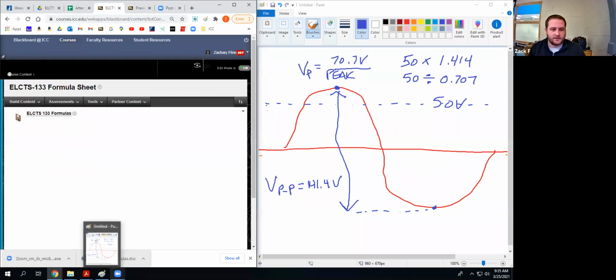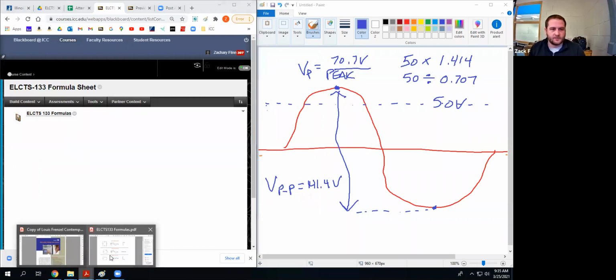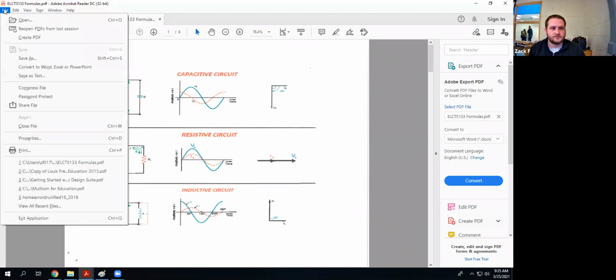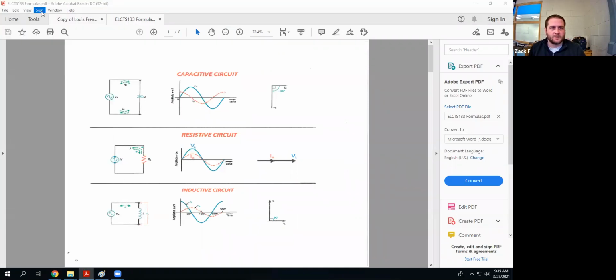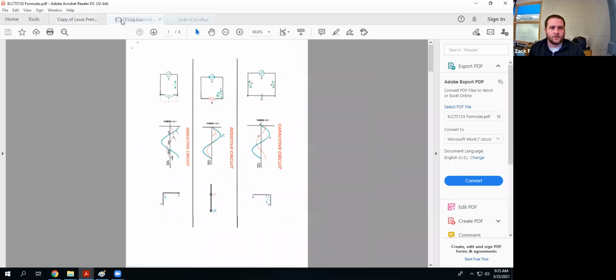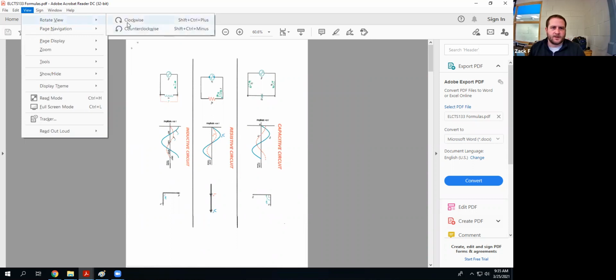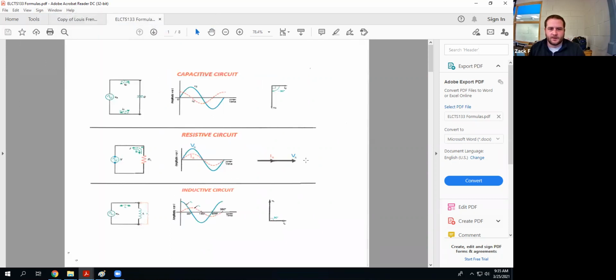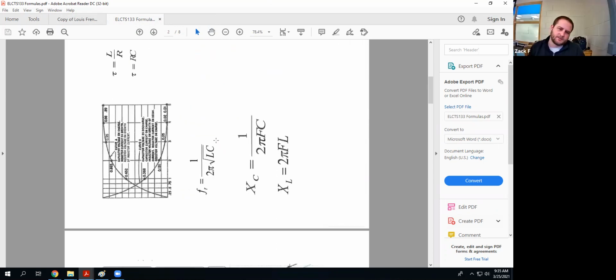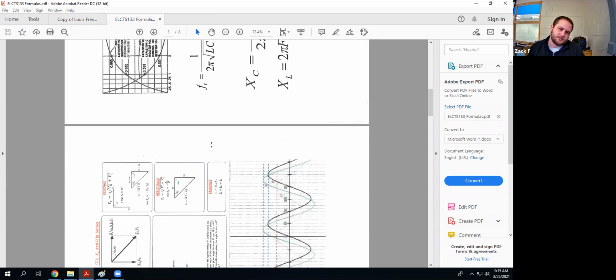Take this and download it and open it up. It looks like this. Actually, when you open it up, it actually looks like this. If you printed it out, it'd be in landscape, not portrait, but I'm gonna rotate it so we can read it. I want to see if peak to peak is on there. Good stuff here.